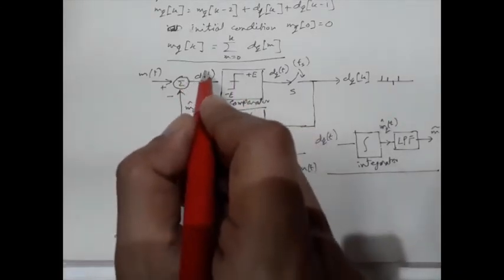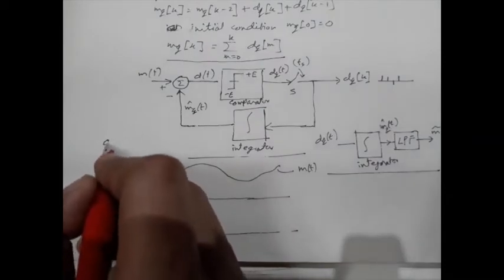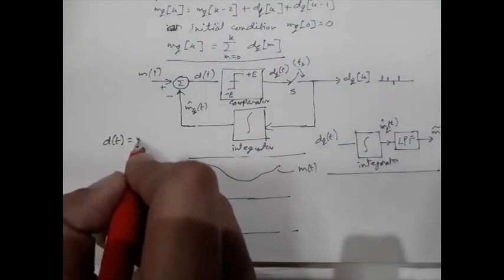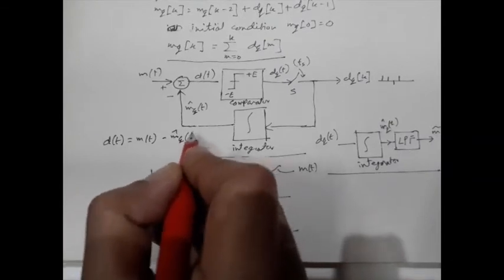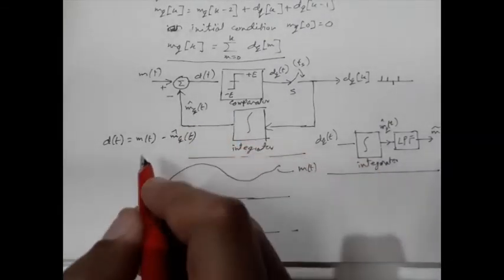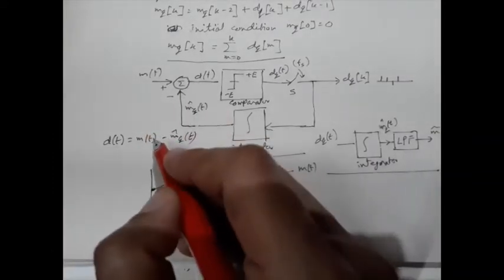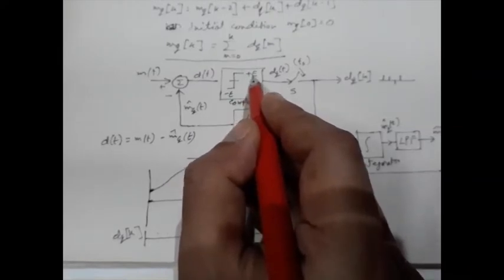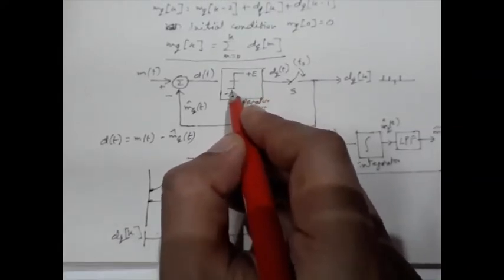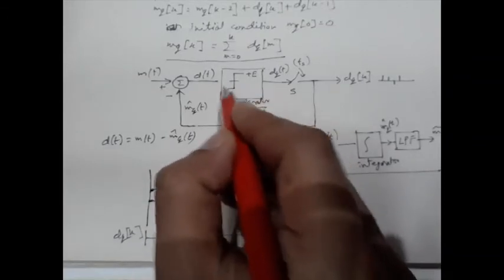Comparator will compare this D, but this D is nothing but M(t) minus M̂Q(t). It means that if D is greater than 0, it will produce plus E. If it is less than 0, then it will produce minus E. This is the job of this comparator.